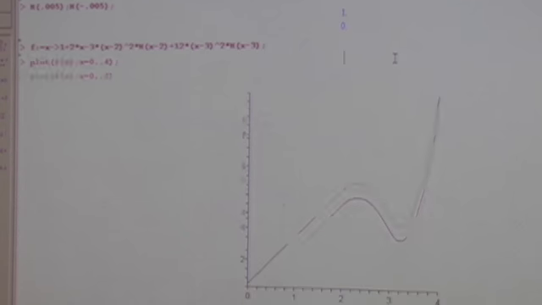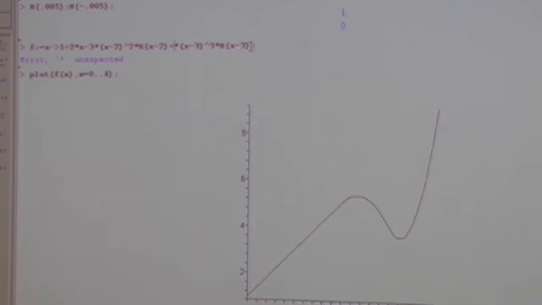Maybe I should just take the 12 off and make it a cubic. So let's make this a cubic. Okay. Linear, quadratic, cubic. You're going to need to get rid of that extra star. Okay, you're right. Linear, quadratic, cubic.